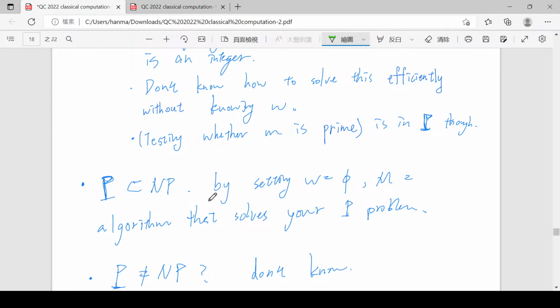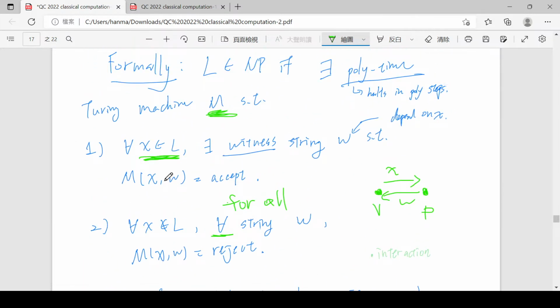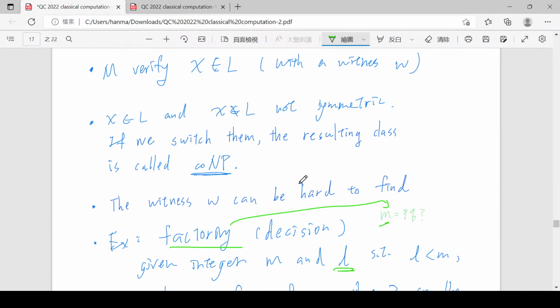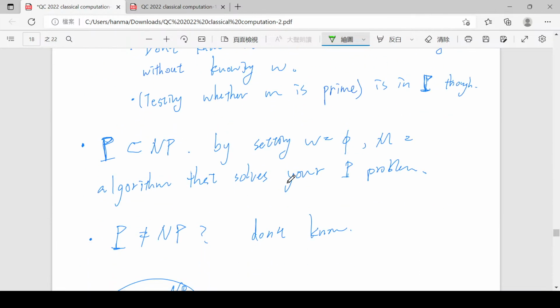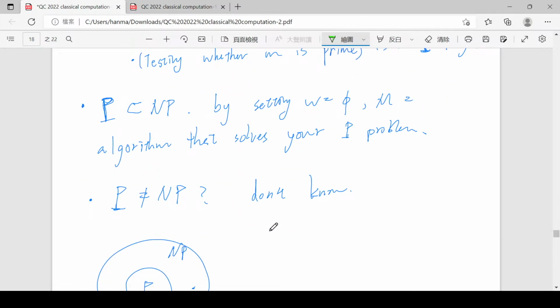P is in NP because if you have a problem in P, you don't need any witness because the problem is easily solvable. So the witness is nothing, and the verifier just runs your P algorithm that efficiently solves the problem, and you check whether the instance is yes or no.